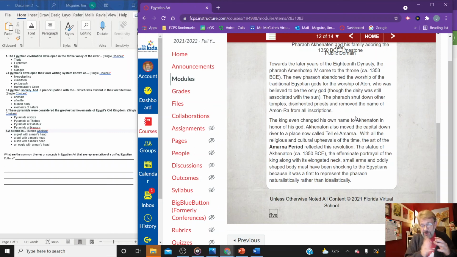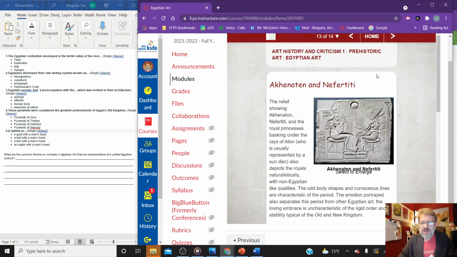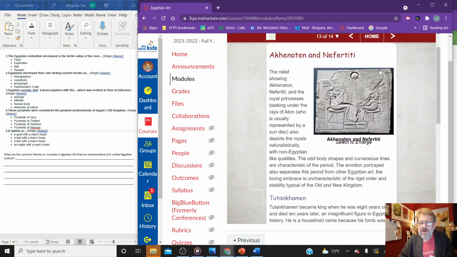When we look at the evolution of art, that was a pivotal point, really. We're going to see the battle between naturalistic and idealistic through the Greeks and the Romans. This is one of those things that we see mankind deal with throughout artistic endeavors.